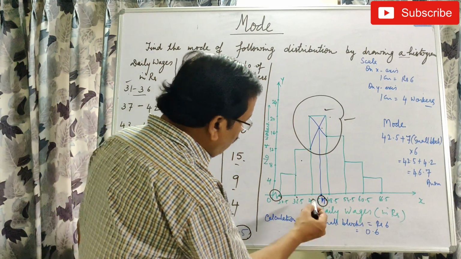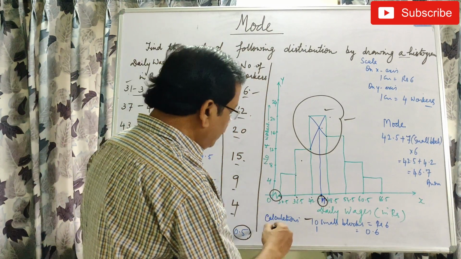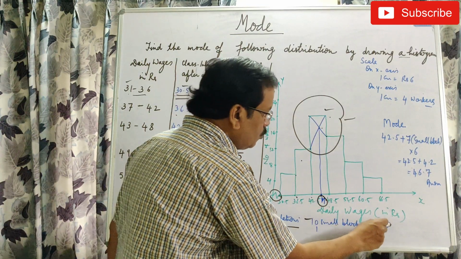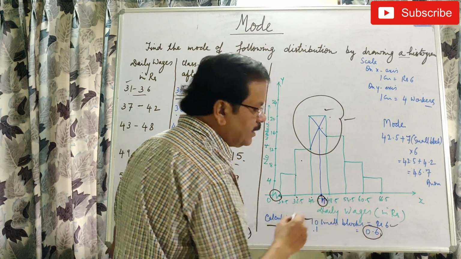Now from 42.5 count the total number of blocks. After getting this, a small calculation: let 10 small blocks be equal to rupees 6, and then the value of one small block is 0.6.